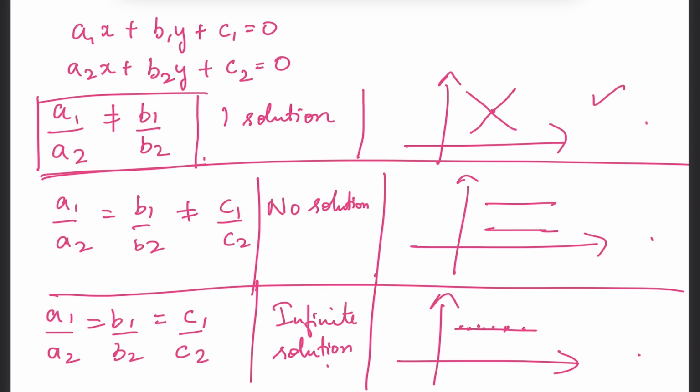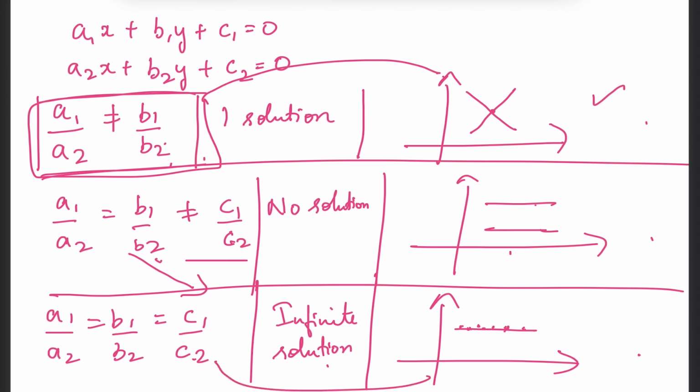If you know the nature of the graphs, how are we going to get the solutions? So, we have a compulsory question on graphs also. When you are solving, cross check whether a1 by a2 is equal to b1 by b2 or not equal, and if it is equal, whether it is equal to c1 by c2 or not. Then you can cross check with the nature of the graph also.